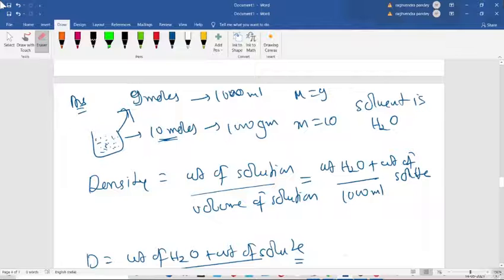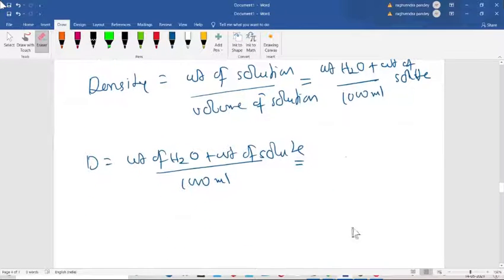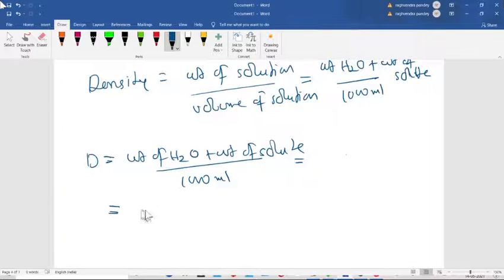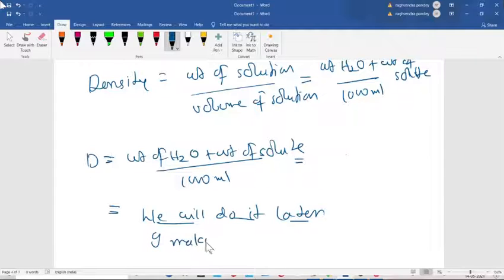Nine moles are there. What happened? I'm doing some mistake. I don't know what mistake I'm making.